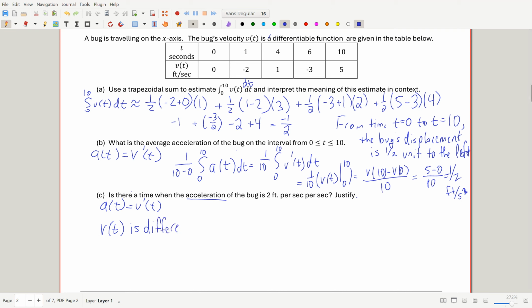What else do I have to say? I know, it's ridiculous. V of t is continuous because it's differentiable. Nine times out of 10, this is what you're writing no matter what.